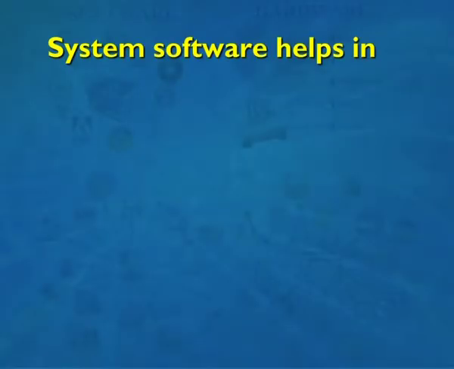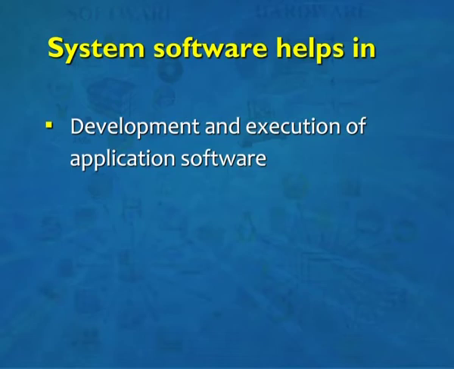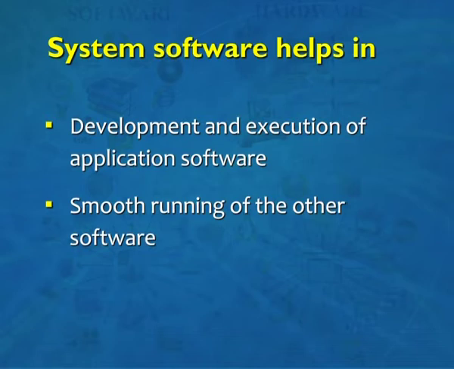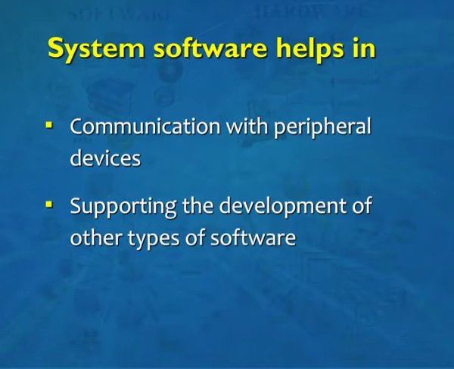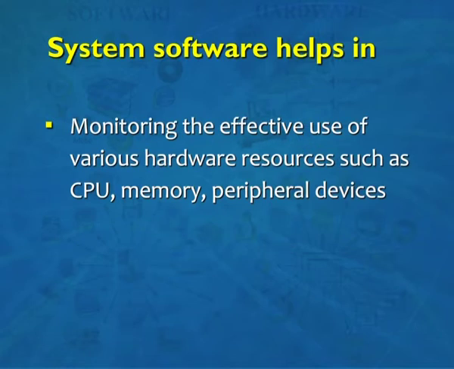System software is a set of one or more programs designed to control the operation of a computer. System software helps in development and execution of application software, smooth running of the other software, communication with peripheral devices, supporting the development of other types of software, monitoring the effective use of various hardware resources such as CPU, that is the central processing unit, memory, peripheral devices.